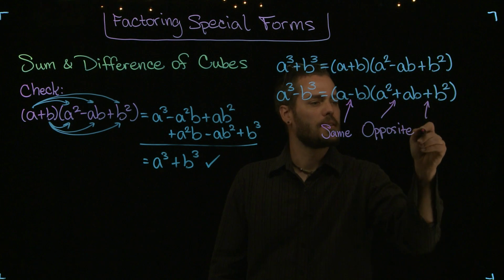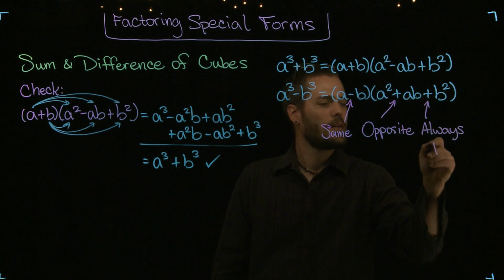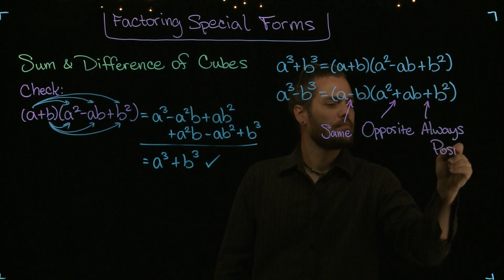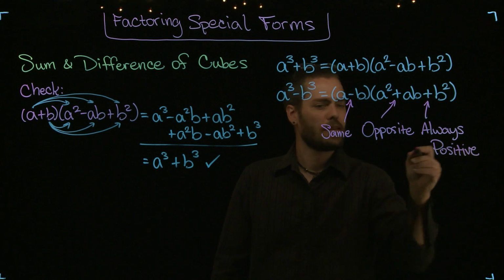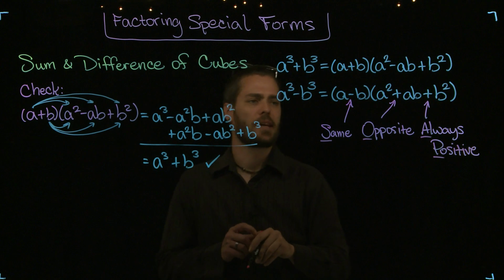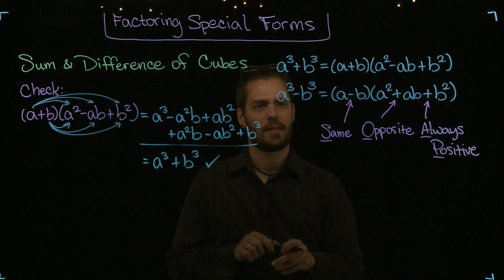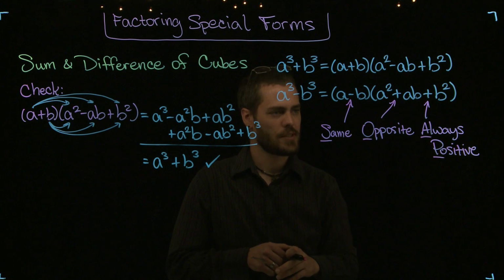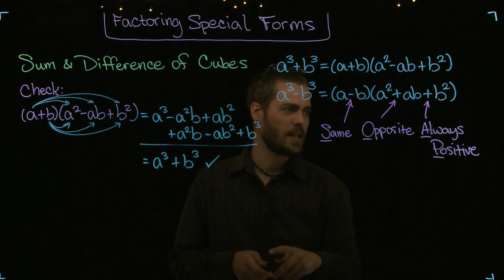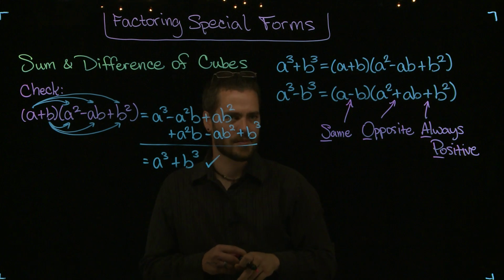And that one is always positive. And so there's the SOAP. Same, opposite, always positive. Same as what? Same as the original symbol in the difference or the sum of cubes, whichever one you're talking about. And if you follow that pattern, same, opposite, always positive, you'll get the right formula for either of these.